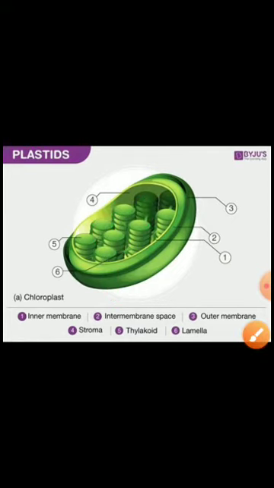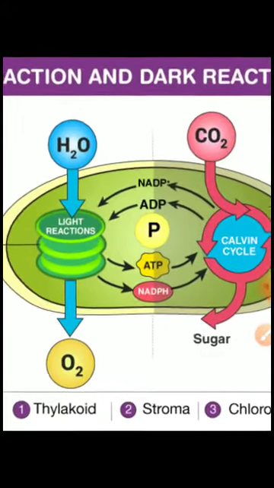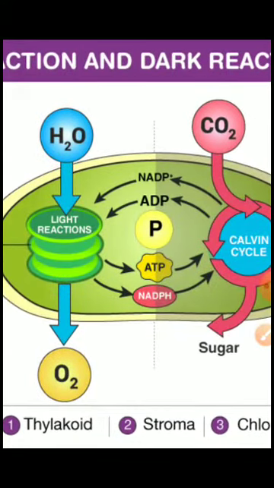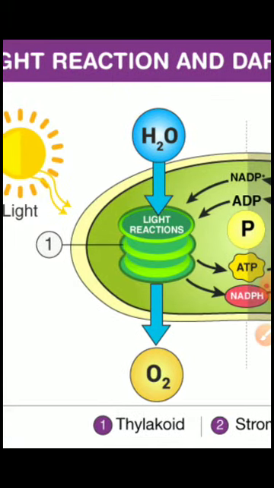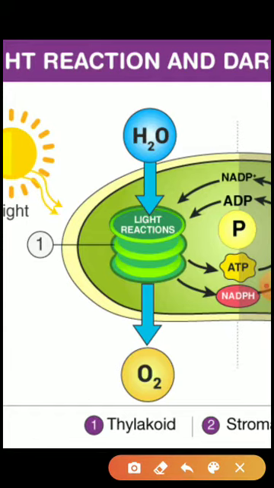Okay, and come to the process of the photosynthesis that is completed inside the plastid. Dear students, you are looking here, this is a thylakoid structure, and this thylakoid structure performs light reaction.